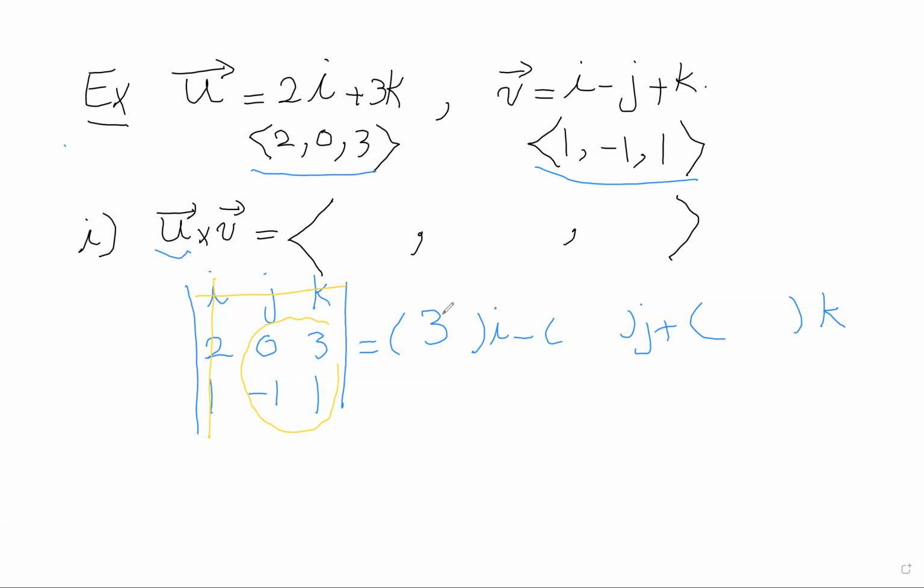For j, for the coefficient of minus parentheses j, we forget about the row and the column that j is located on. 2 times 1 minus 3 times 1 is negative 1.